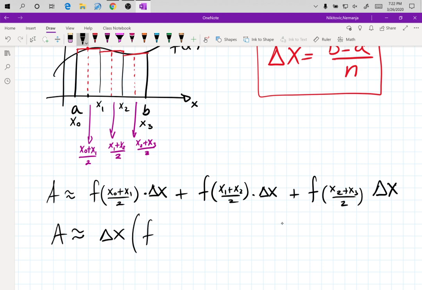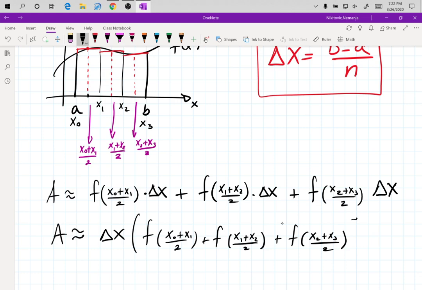And inside you just have all of these f's. And you're done. There is nothing more than that.